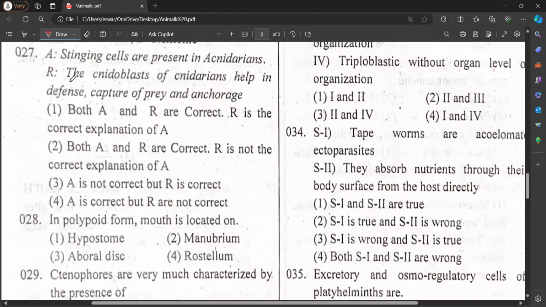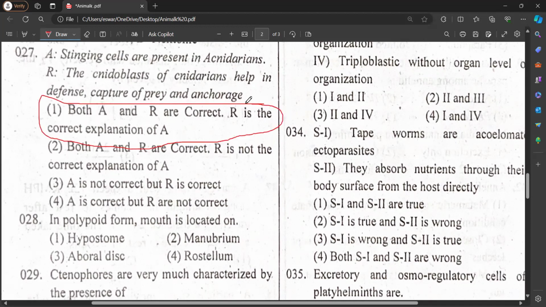Stinging cells are present in cnidarians. The cnidoblasts of cnidarians help in defense, capture of prey, and anchorage. So we know that the stinging cell is a characteristic feature of cnidarians.